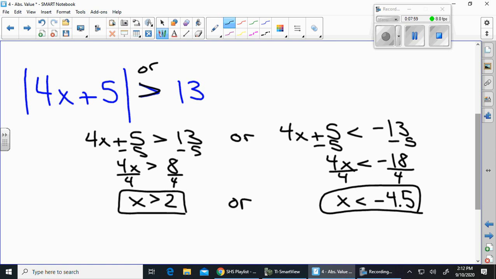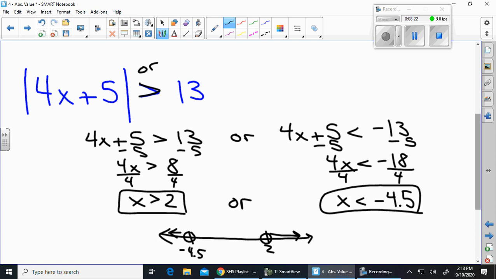So there's my other part. Now you think of this on a number line, like the graph. There's 2, greater than 2. Negative 4.5, less than, and or is opposite directions on a number line.